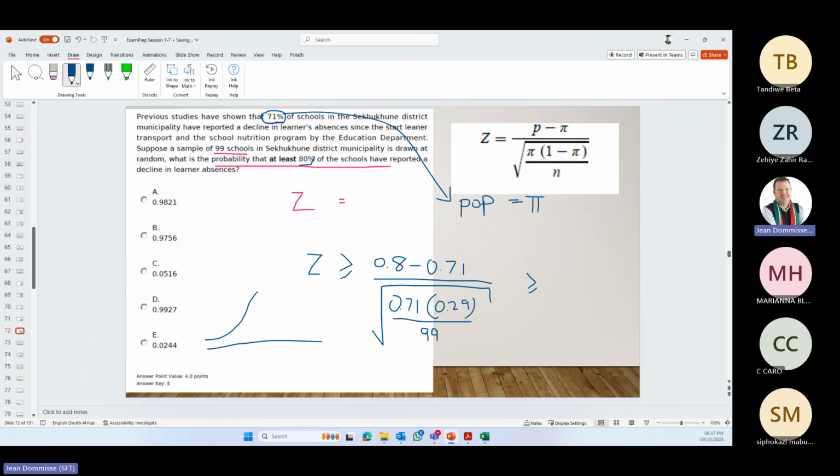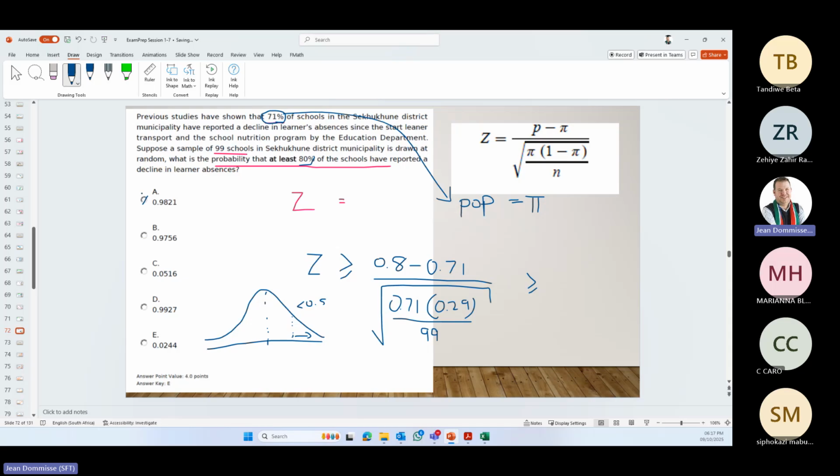So just first, let's do that. So that is going to be positive, 0.8 minus 0.71. So it means that it's going to lie somewhere here. Okay, so I know already, without working out anything yet, this is going to be smaller than 0.5 because it's a part of the 0.5.